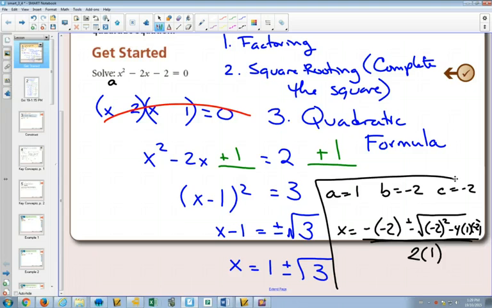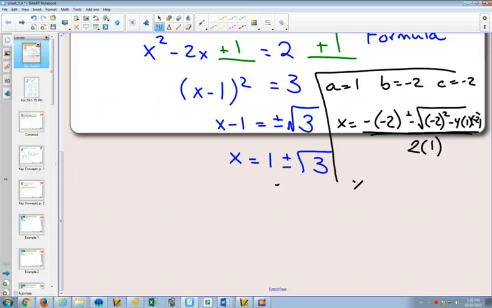And if we simplify everything that we have here, we're going to get negative 2 is positive 2, plus or minus square root of negative 2 squared is positive 4, minus 4 times minus 2 is positive 8. 4 plus 8 will be 12 over 2.